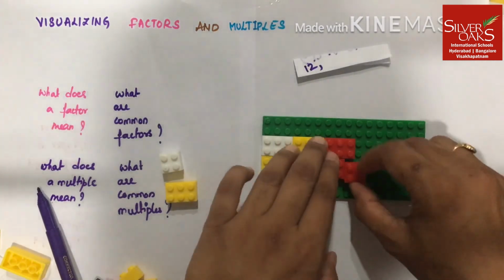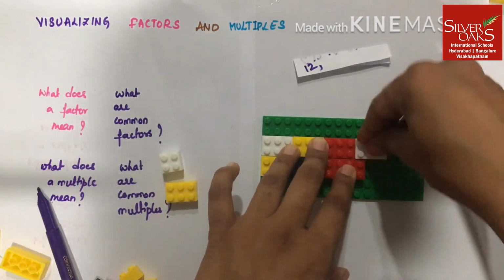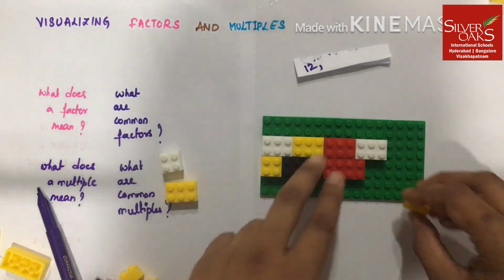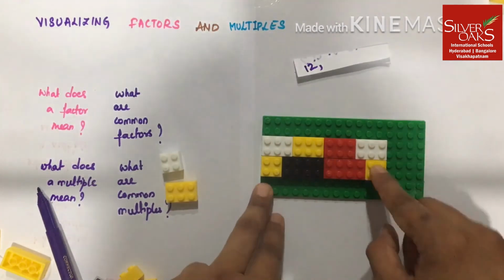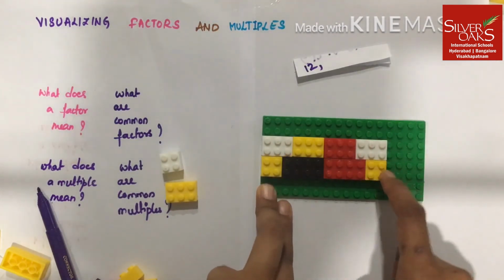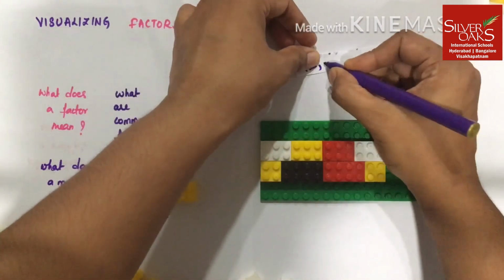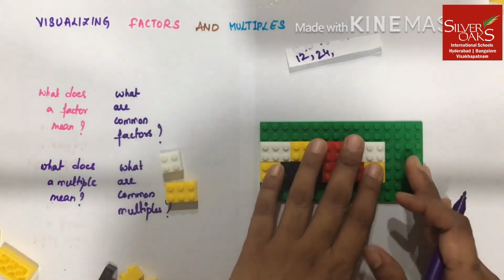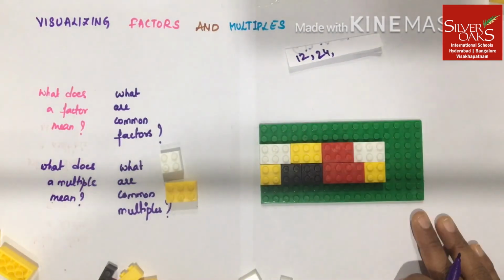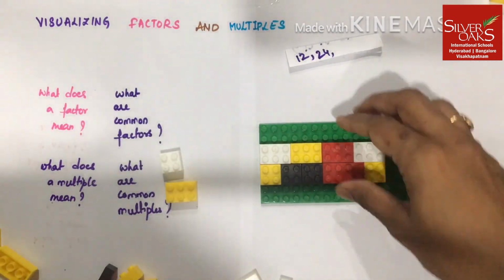Again, maybe I'll try to increase this. No match, again increase this. Add one more. As you can see now, there is a match, and in one group I have 24. So 24 is your next common multiple. If you keep on doing, you'll also find that 36 is also a common multiple.